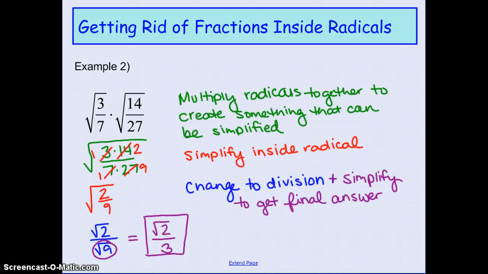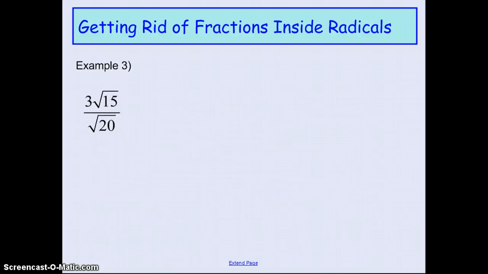Now, we're going to take a look at an example where we, again, have fractions inside the radicals, but it's not quite the same thing. In this example, we don't start with a fraction inside a radical. However, we do start with a radical inside the denominator of a fraction, which we don't want.